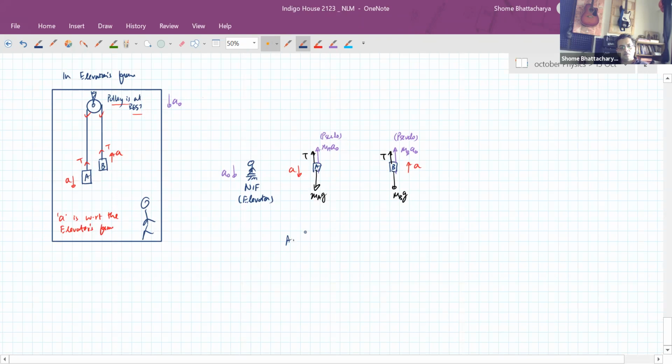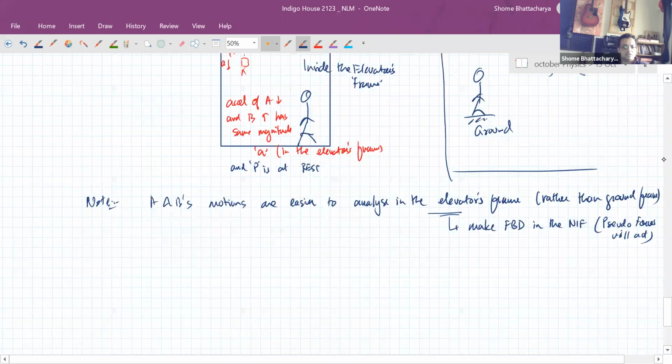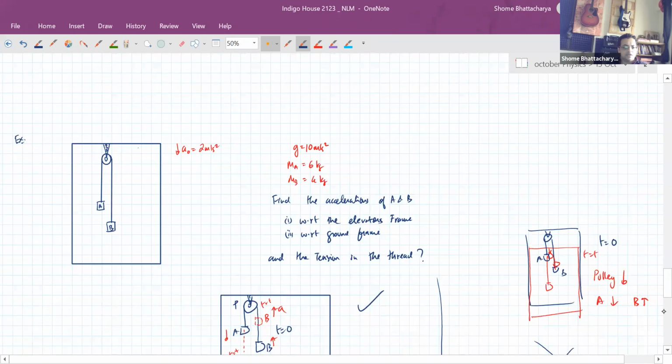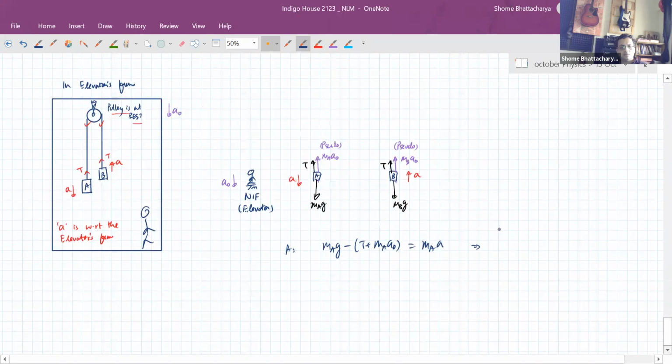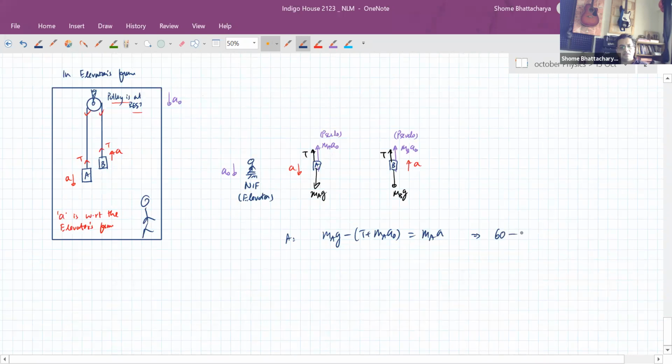So for A, the net force should be downwards. So weight is dominating over the sum of tension and pseudo force. And that is providing A with an acceleration like this. So this will become, mass of A, I think we've taken as 6 and 4 kgs, and a0 was 2. So let's use that. So 60 minus T minus 12 is equal to 6a, or 48 minus T is equal to 6a.